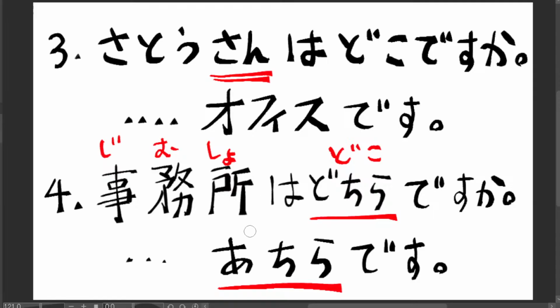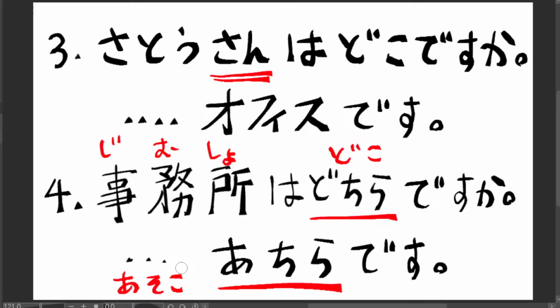And あちらです。 あちら means over there. So あちら is the same as あそこ. So what is the difference? どこ and どちら, あそこ and あちら. This どちら and あちら, this ちら, is a more formal way of saying things. You can use どこですか, it's not informal, but the more polite way to say it is どちら.